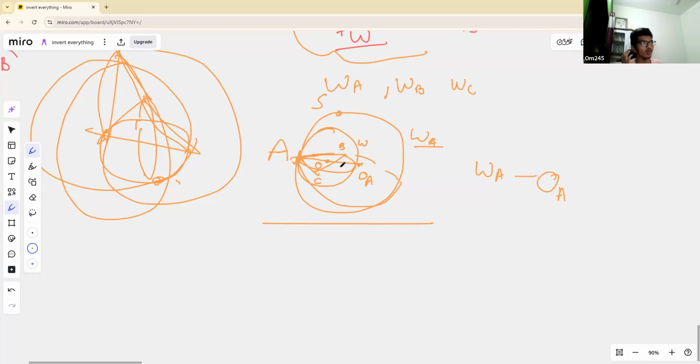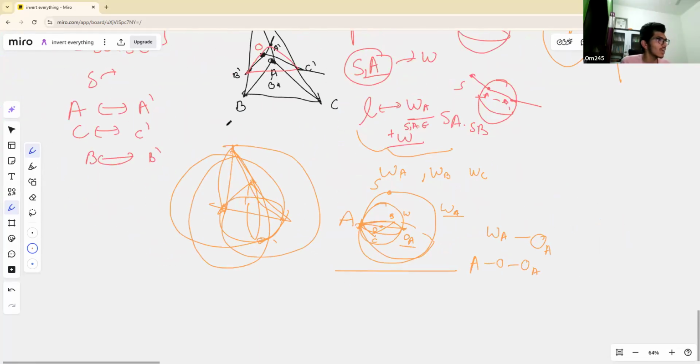So O maps to OA, so O, A, OA are collinear, and similarly O, B, OB are collinear and O, C, OC are collinear. Everyone see how this forms?